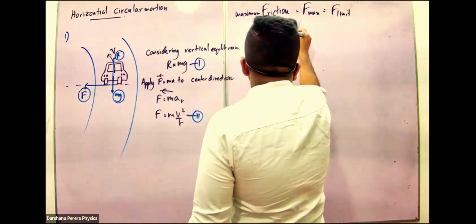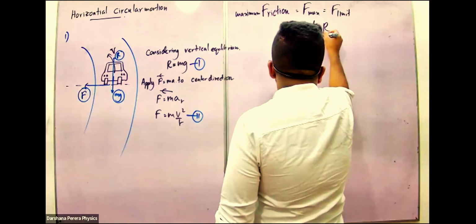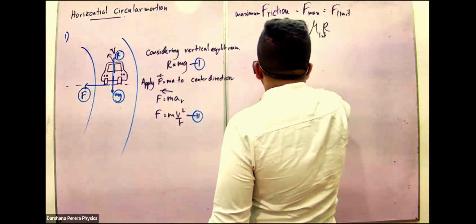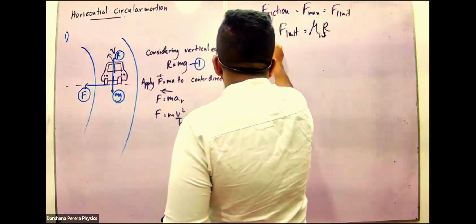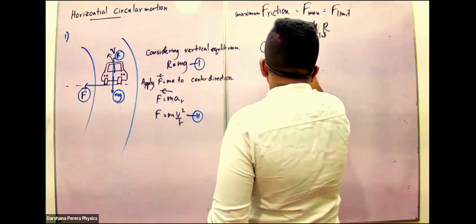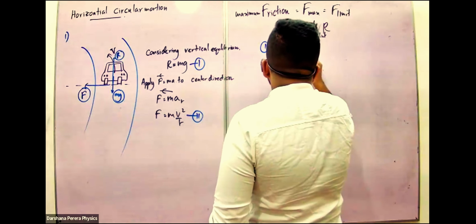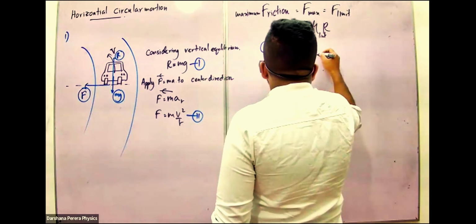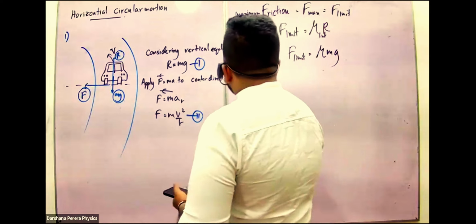F limit equals mu R. From the first equation, we can substitute: F limit equals mu R equals mu mg.